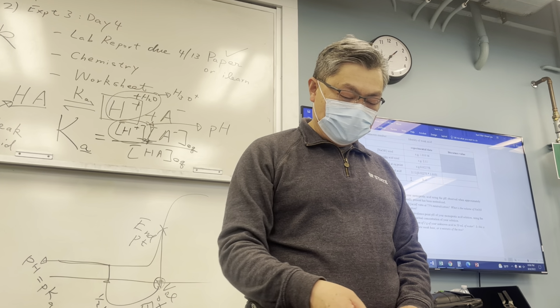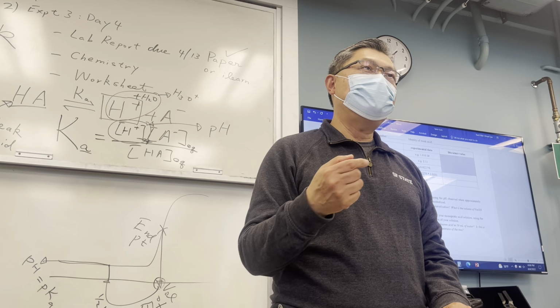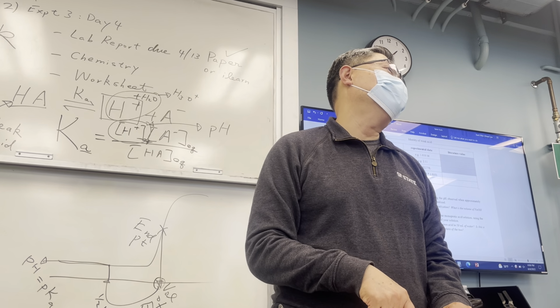And now in this one, your pKa is 4.11, and then you hold your pKa and then come to the list and see which one you are close to or match. Then you claim your unknown weak acid is that weak acid.